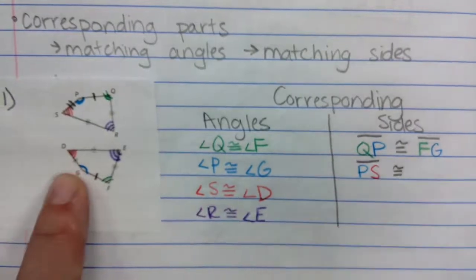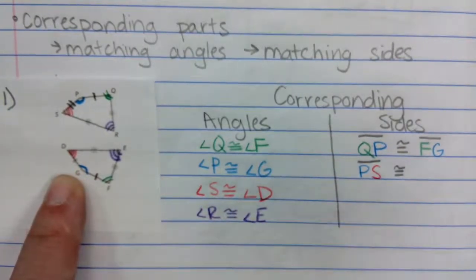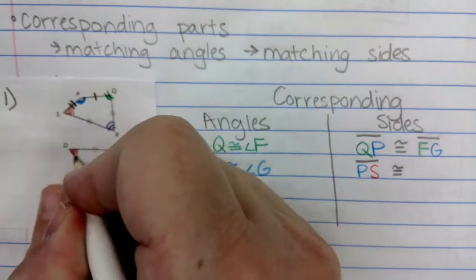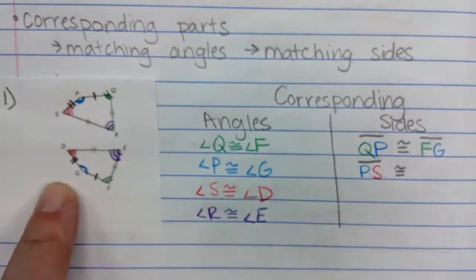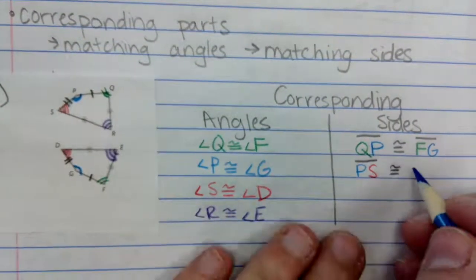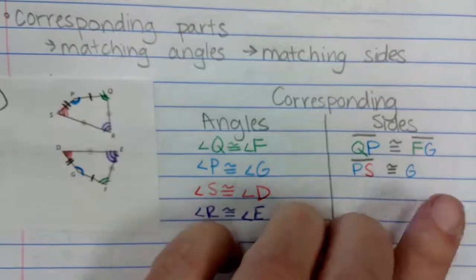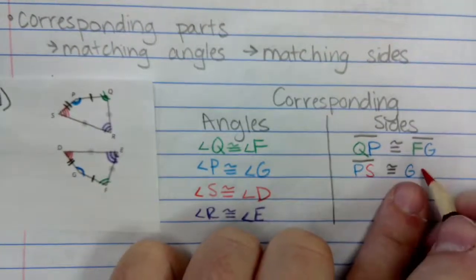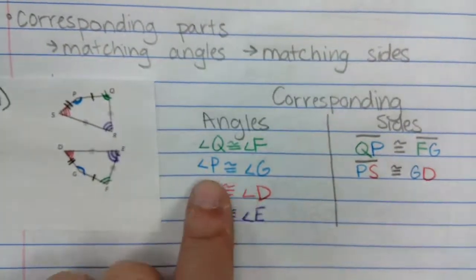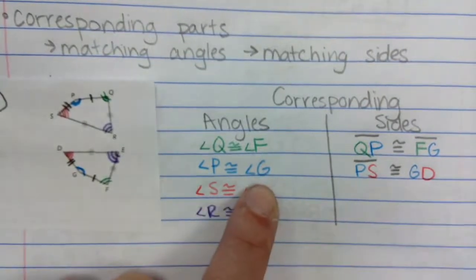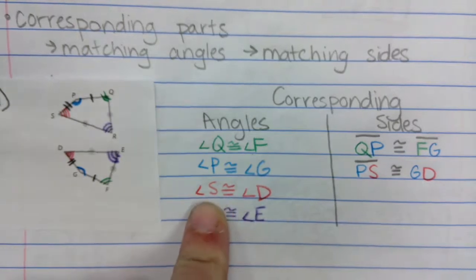DG. If we wanted to match our angles as we went with that, we could say DG or we might say GD. Either way. I'm going to do it in the same order that I did my first one. So since P matches with G, I know it's G, and S matches with D.